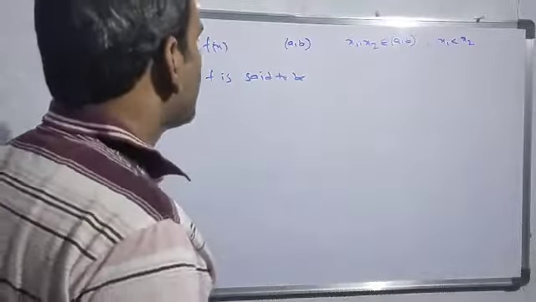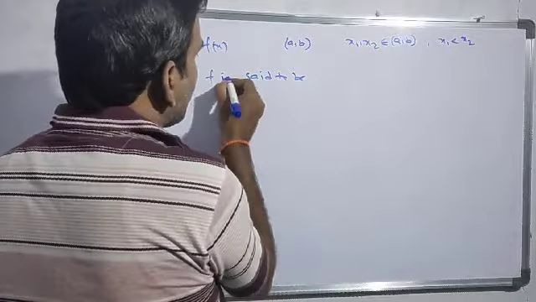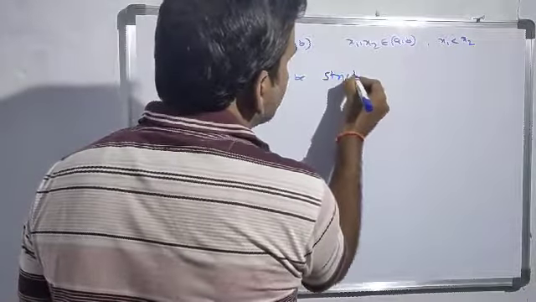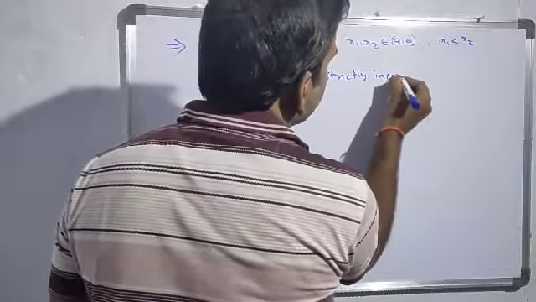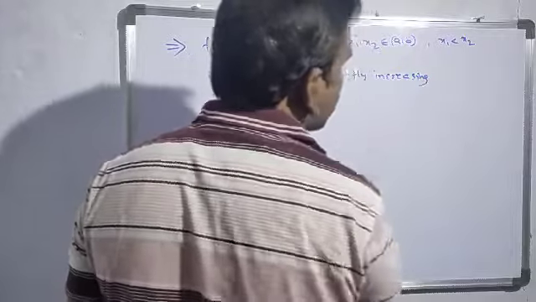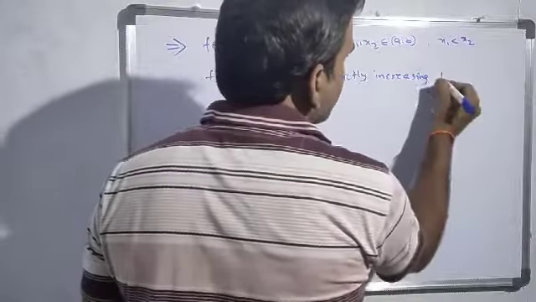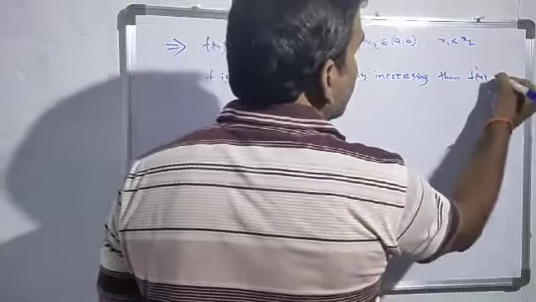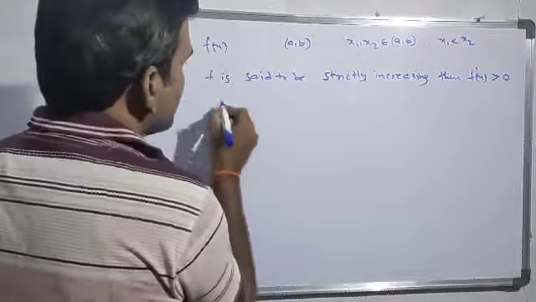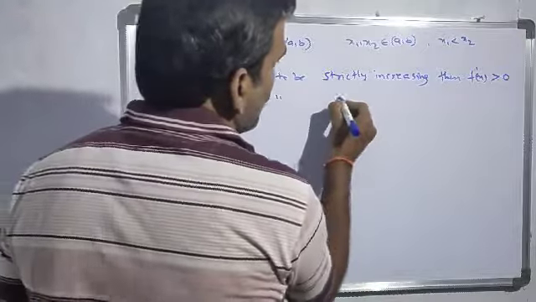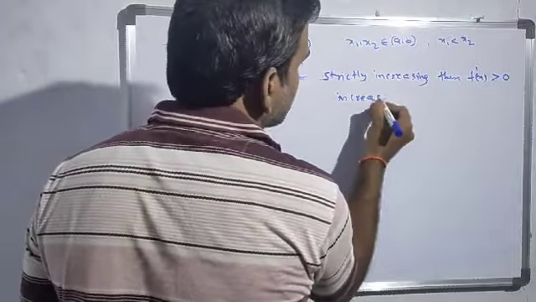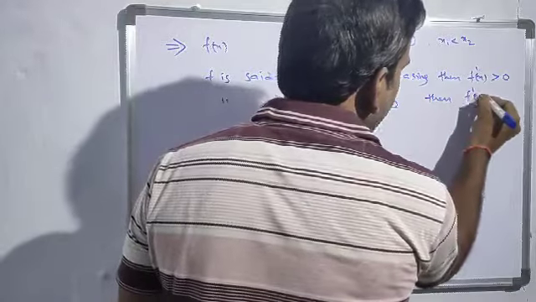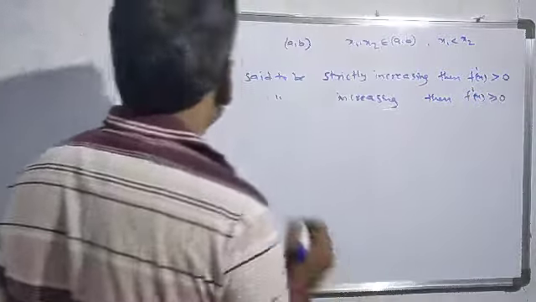Suppose f is said to be strictly increasing, then what is our condition? f'(x) greater than 0. If f is said to be only increasing, then the condition is f'(x) greater than or equal to 0.